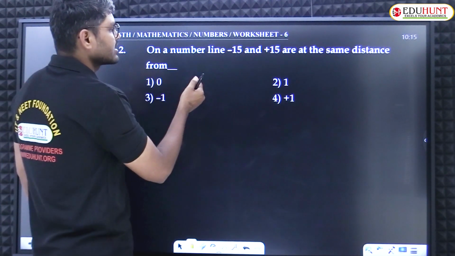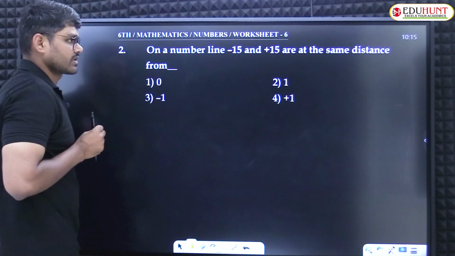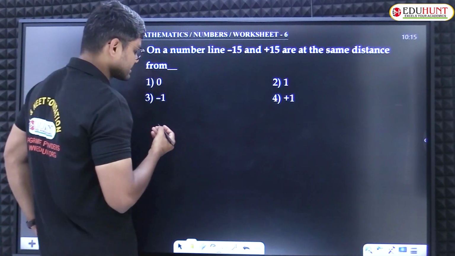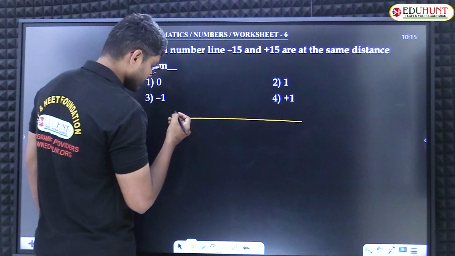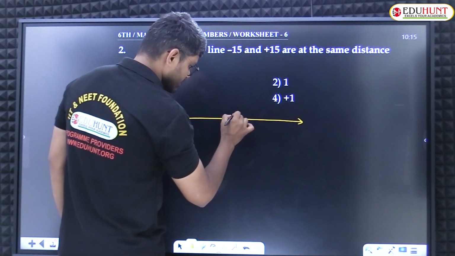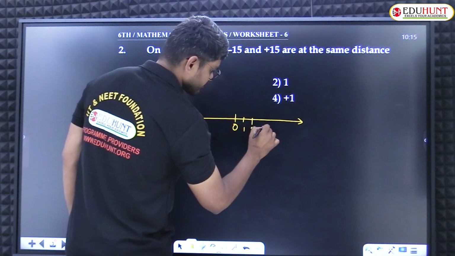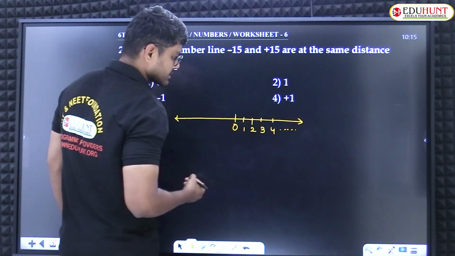On a number line, -15 and +15 are at the same distance from. Already we have discussed what a number line is. So here let's take one number line. Zero here, 1, 2, 3, 4 and so on like this.